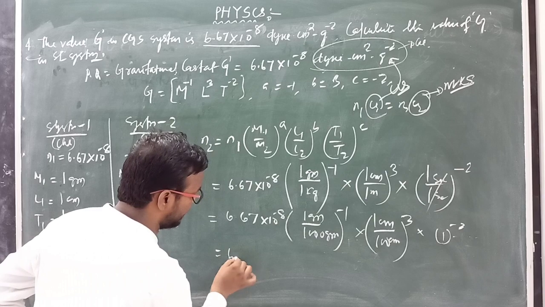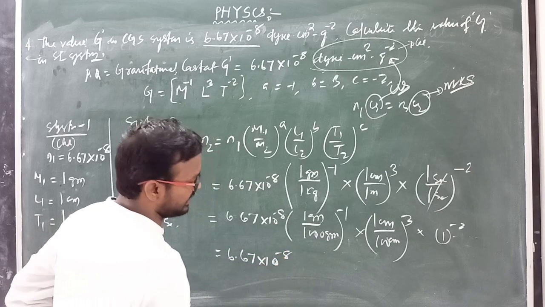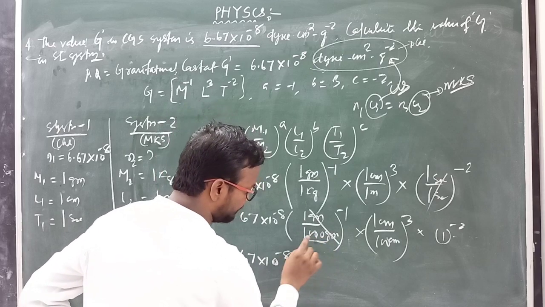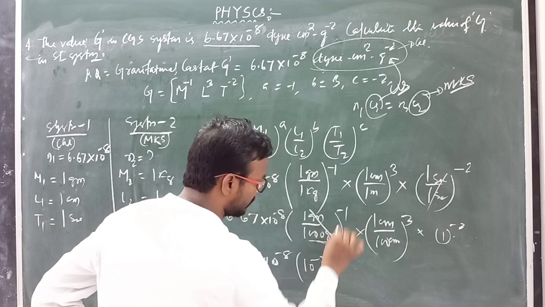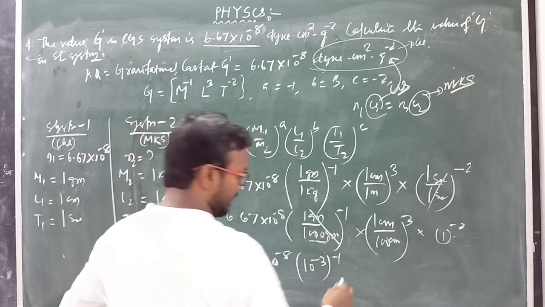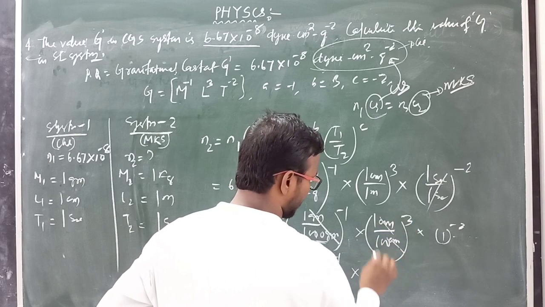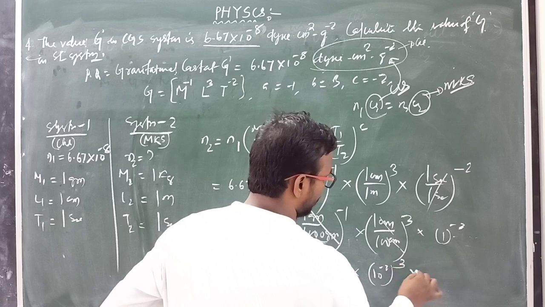Here 6.67 into 10 to the power minus 8, grams cancel, here 10 to the power 3 gives 10 to the power minus 3, and here also minus 1, and again centimeters cancel, its value is 10 to the power minus 2 to the power 3, into 1.